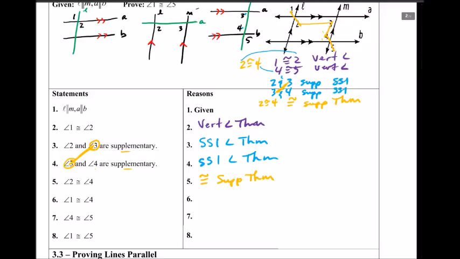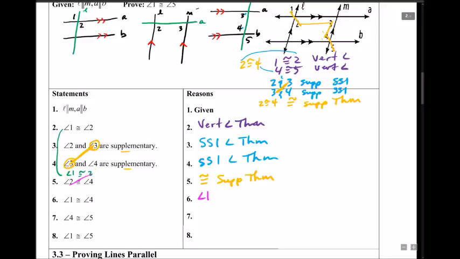All right, now, how are we going to use that to get from angle 1 is congruent to angle 4? Well, remember that up here we had angle 1 is congruent to angle 2, right? That was up above. And so I'm just going to connect my angle 2's there, cut out the middleman.